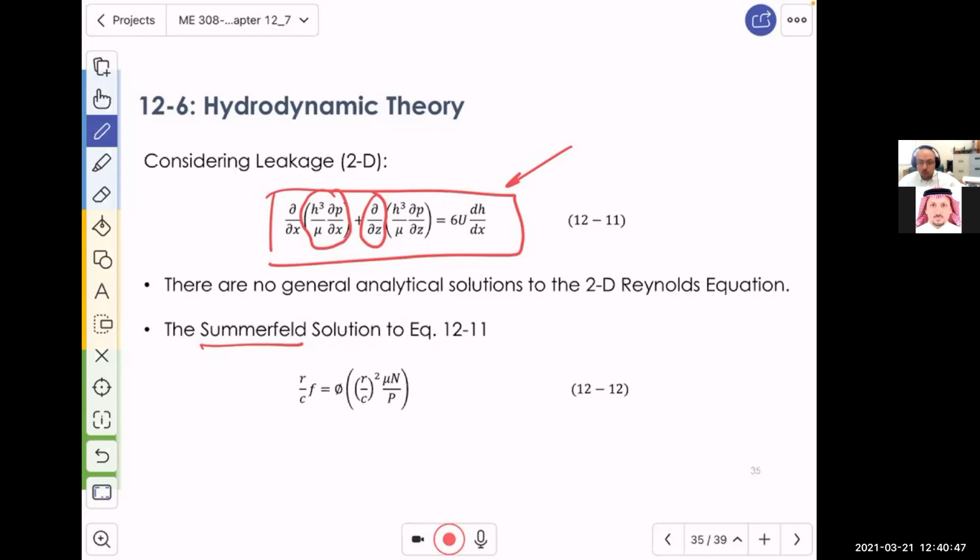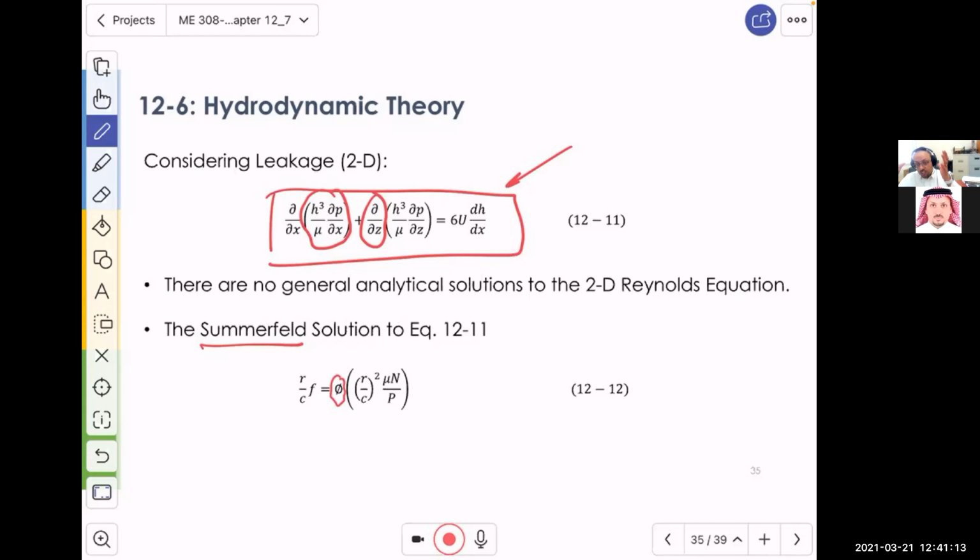But there are those who try to make some assumptions, very valid, reasonable and practical, and they were able to deduce a simpler relation. Among them is the Sommerfeld equation. Here, I would like to remind you that this is a functional form. So this is phi of this.